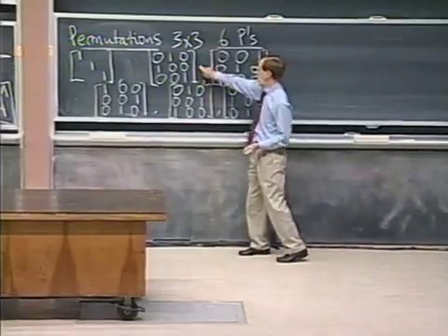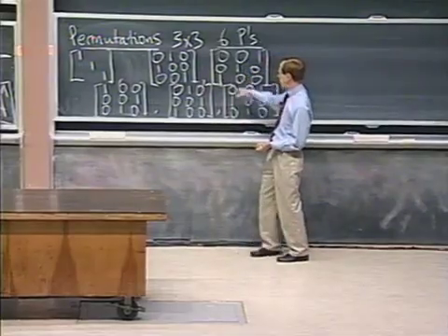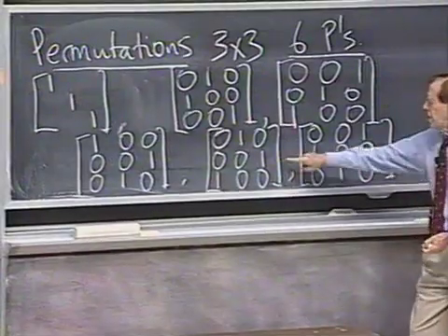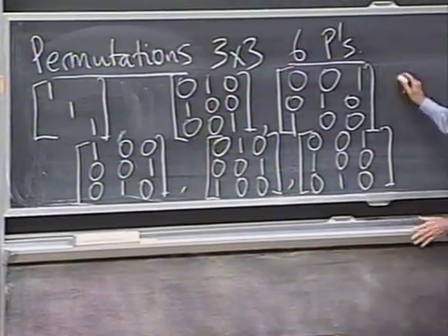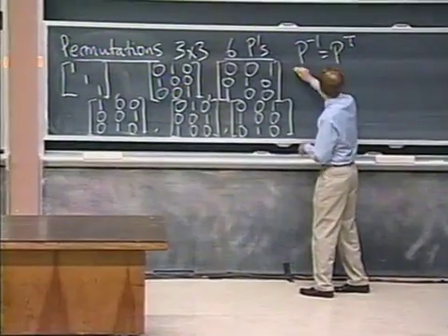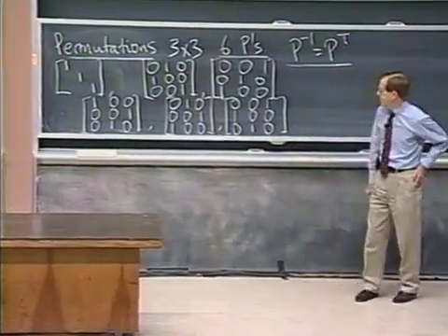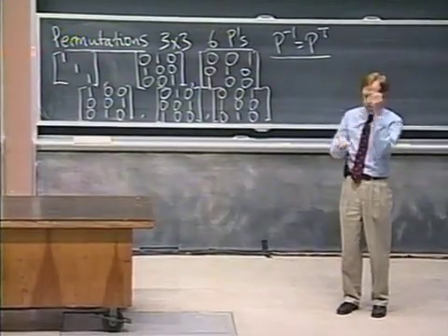So this one is its own inverse. This is probably not. Actually, I think these are inverses of each other. Oh yeah, actually, the inverse is the transpose. There's a curious fact about permutation matrices, that the inverses are the transpose.